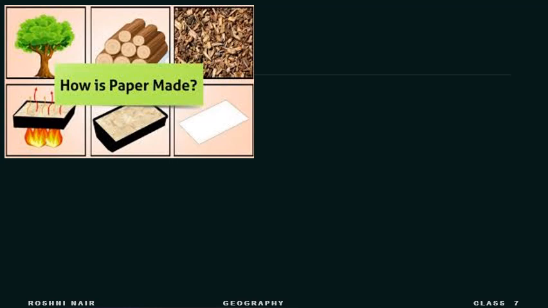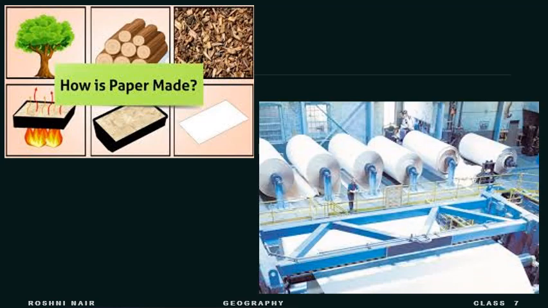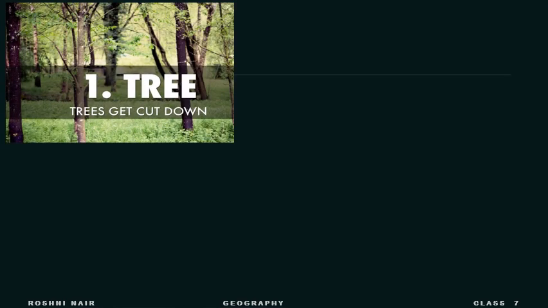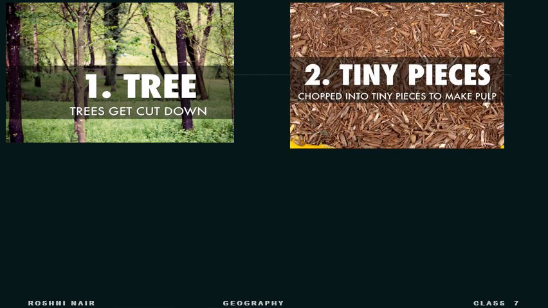Basically, it started its life as a part of a tree. So let me show you. This tree was first cut down and transported to the pulp mill.